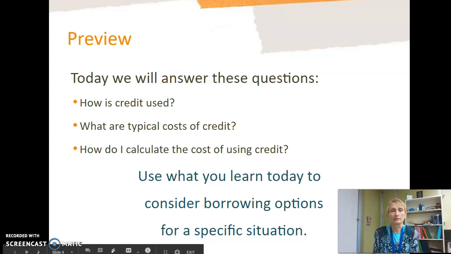We're going to look at some things about how credit's used, a little bit of review from yesterday. What are the typical costs of credit, and how in the world do I figure this out? Those things are going to help you learn what you might need to know to make a decision in certain borrowing situations, like some of the situations we just talked about.